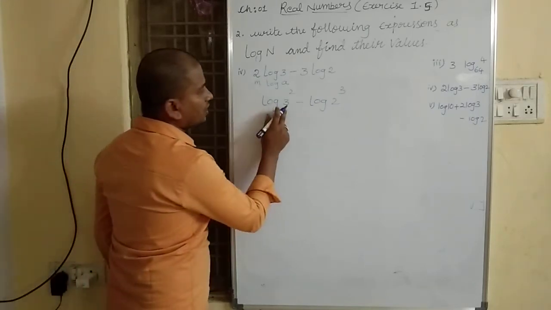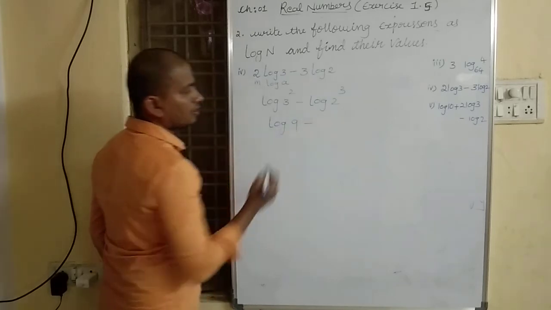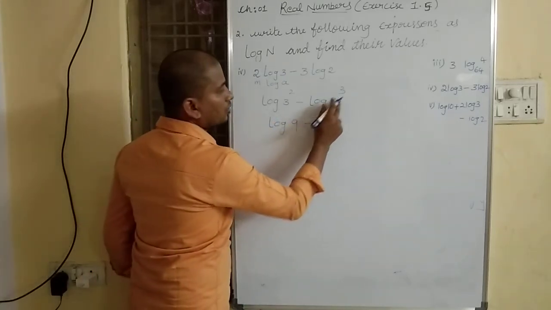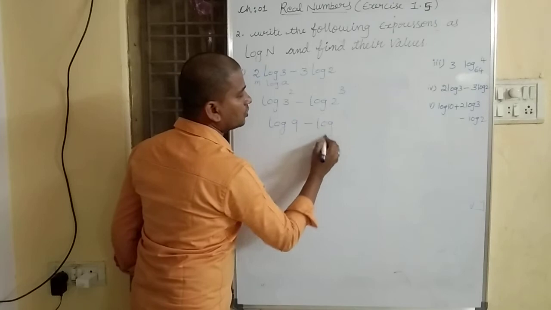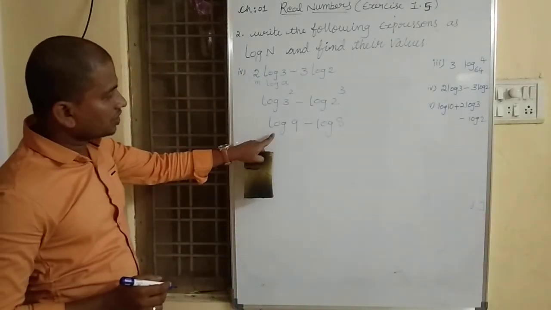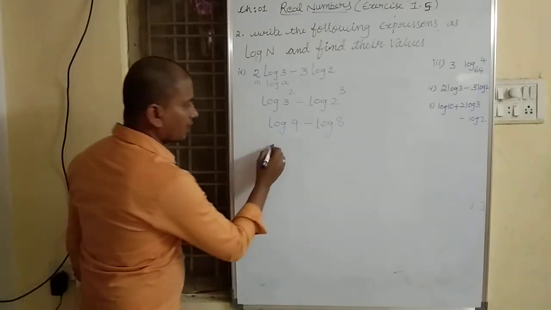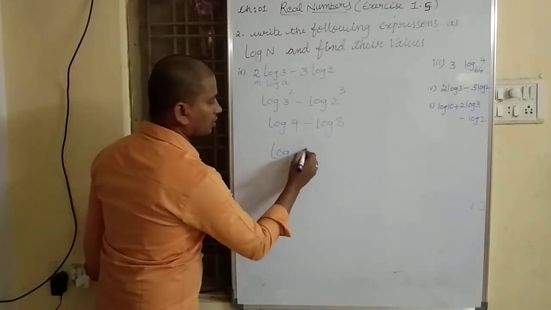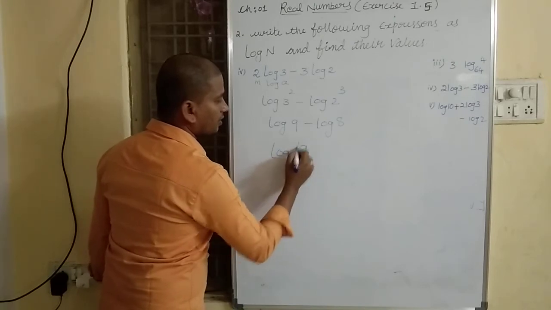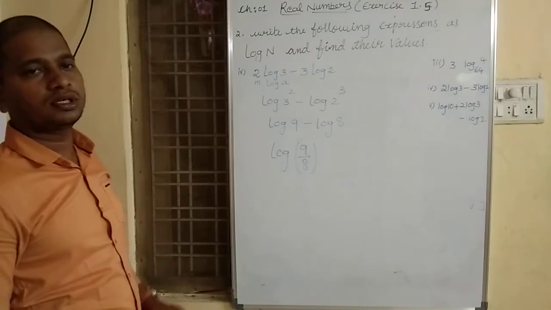So log 3 square, 3 square value 9, minus log 2 cube, 2 cube value 8. Now it is in the form of log a minus log b. I can write as log a by b, log 9 by 8. Got it?